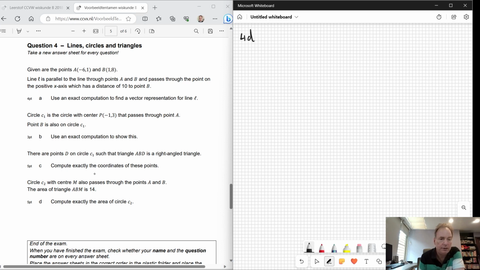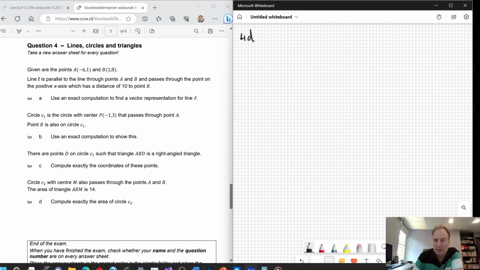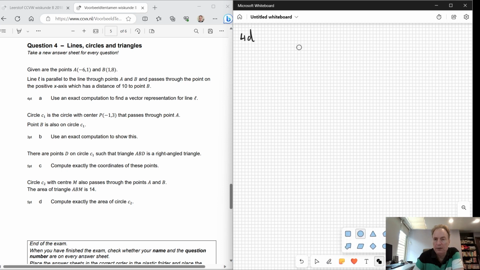A circle C2, center M, also through A and B. The area of the triangle ABM is 14. Compute exactly the area of circle C2. Okay, let's insert a circle here, and say A is roughly here and B here.